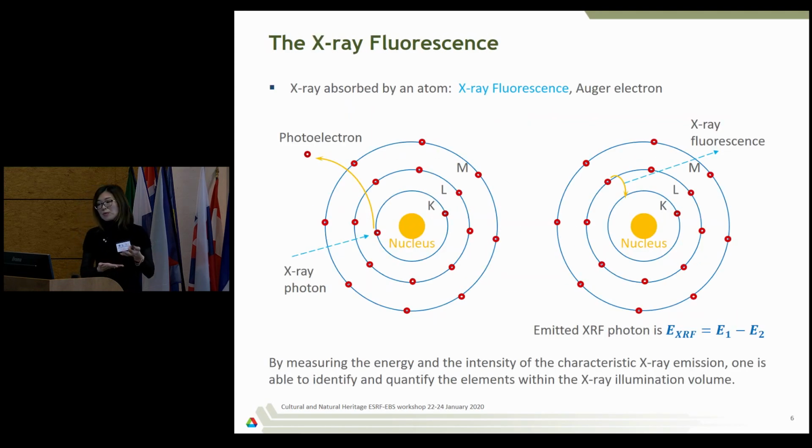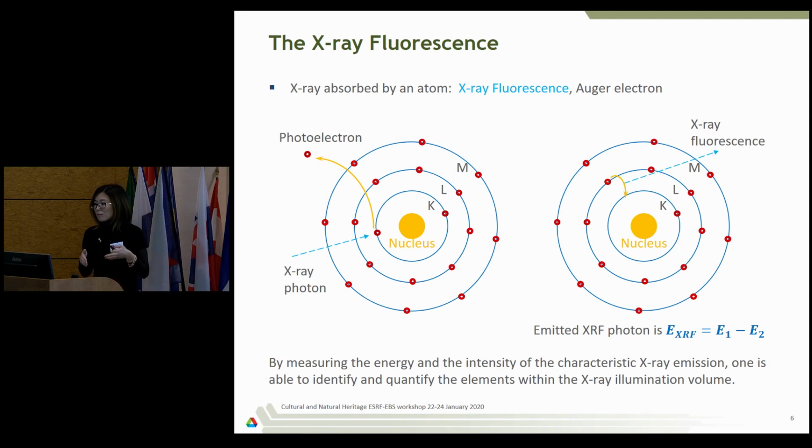Here's the fundamental of X-ray fluorescence. When the incident X-ray energy is equal to or higher than the binding energy of an inner shell electron, it tends to ionize the inner shell electron, leaving a vacancy. At this state, the atom is very unstable. Therefore, the outer shell electrons fall into this vacancy.